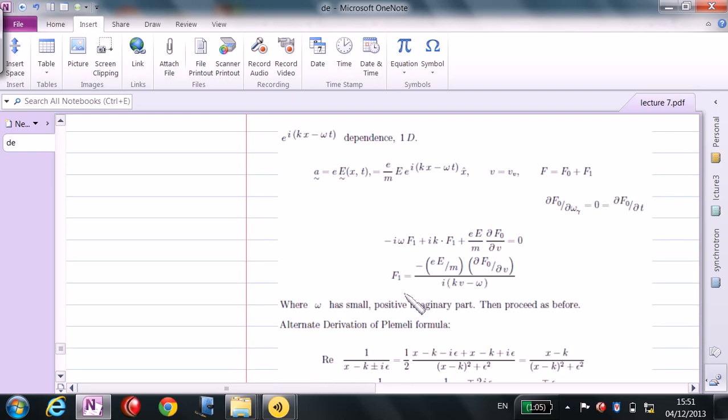So what's the acceleration? The acceleration is charge times the electric field over m. So the Vlasov equation becomes this. There are so many big F's here, I'm not going to try to change it. But it's still the same phase space function.